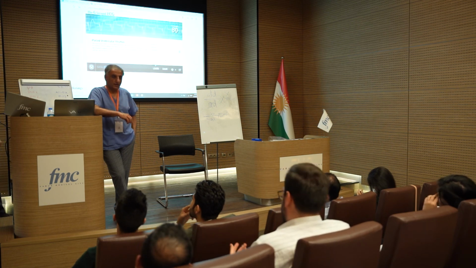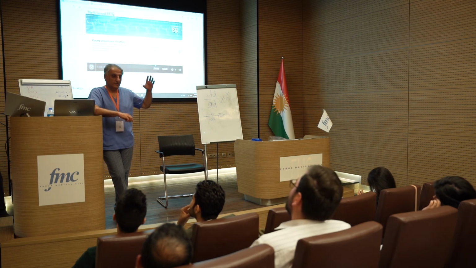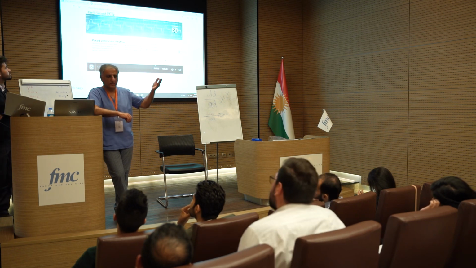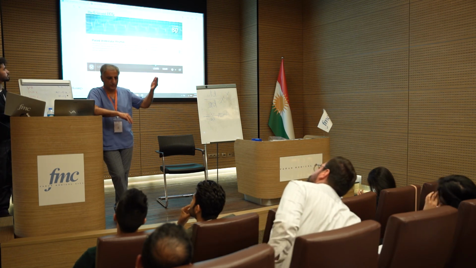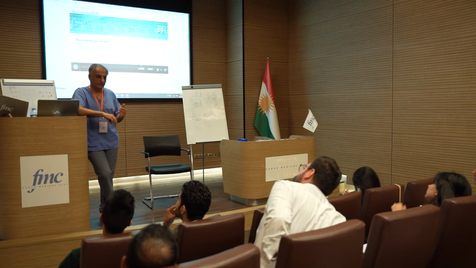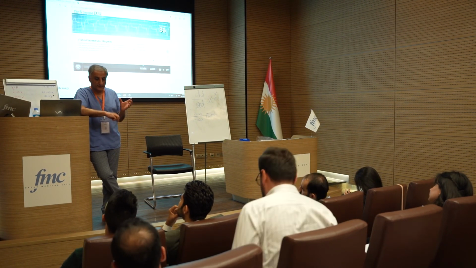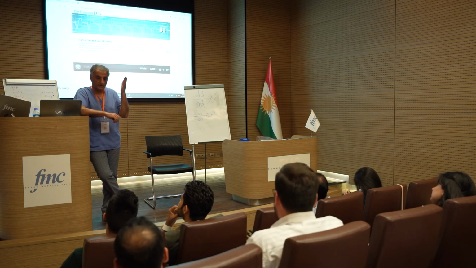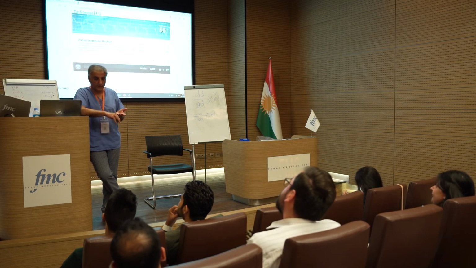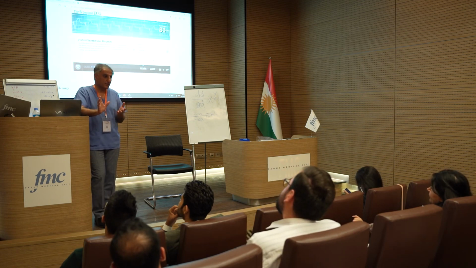Assume normal is 22 or 24, and the measured one is 16, so the deficit is 8. So 8 times the body weight divided by 3 gives you the amount of bicarbonate you need to give.